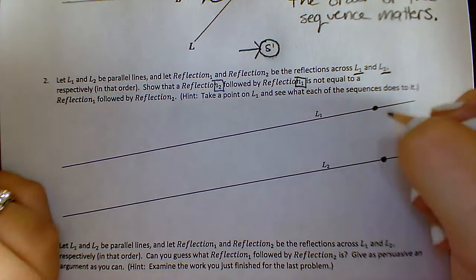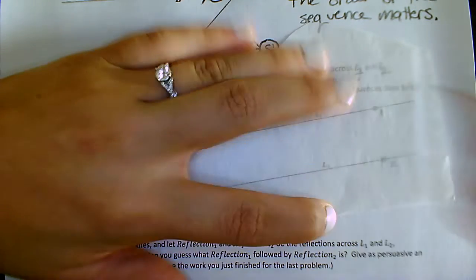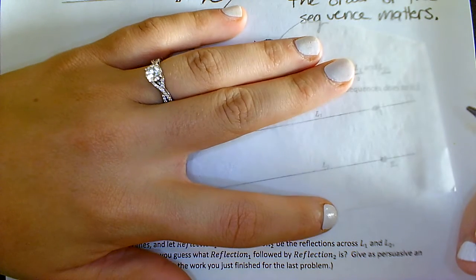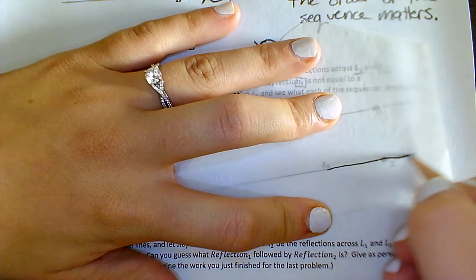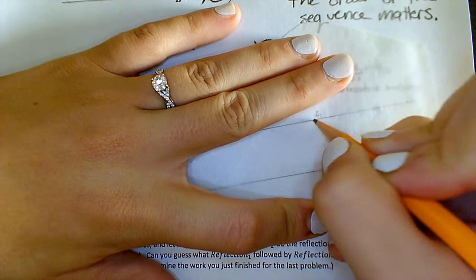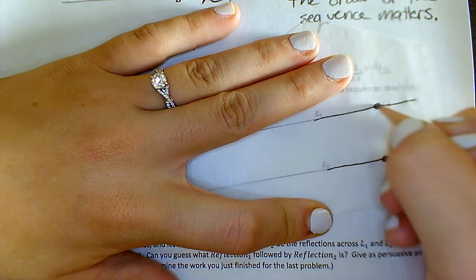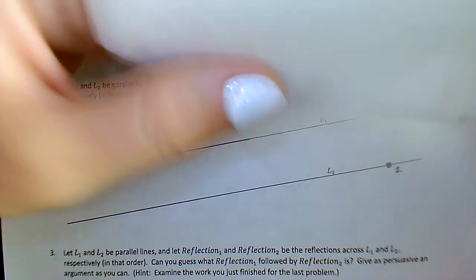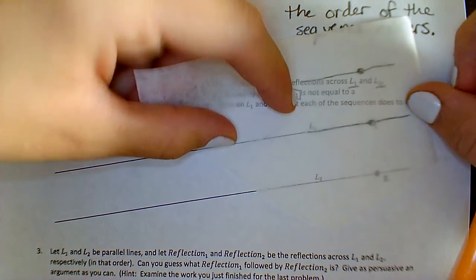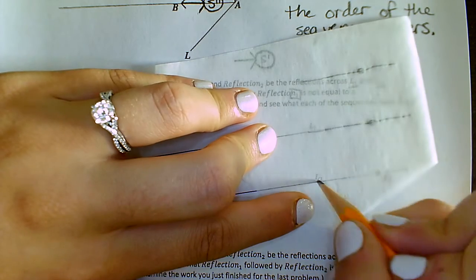So there's my points on there. So we're reflecting across 1, and then we're going to reflect across line 2.